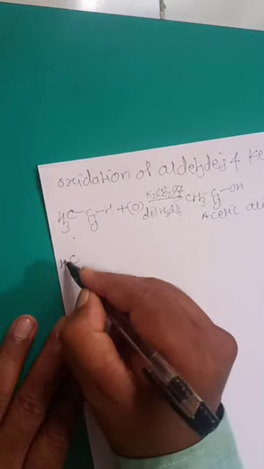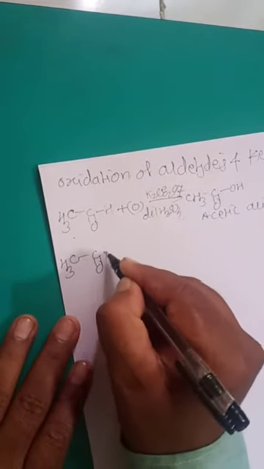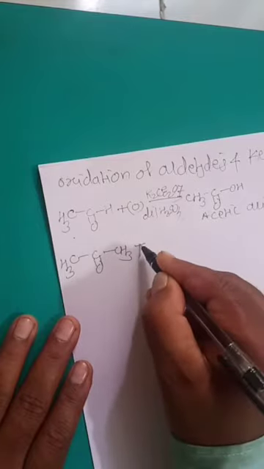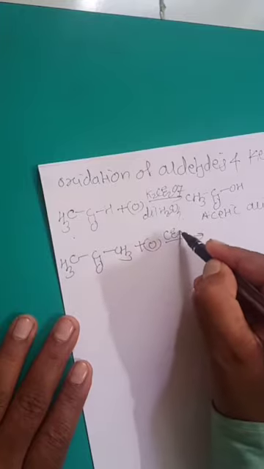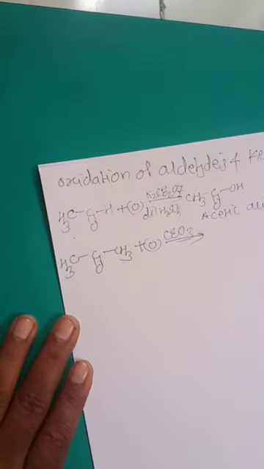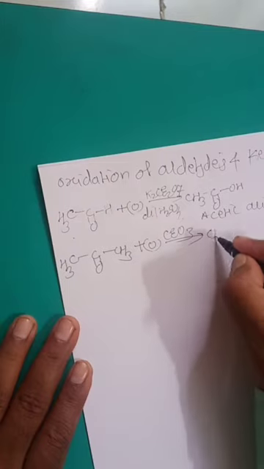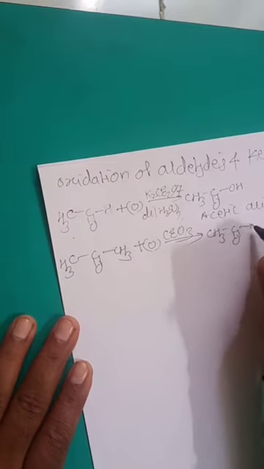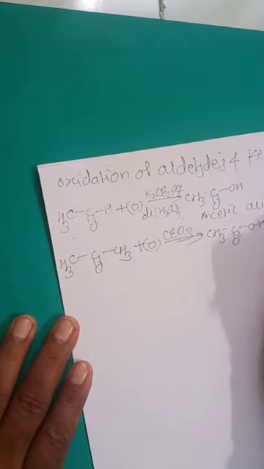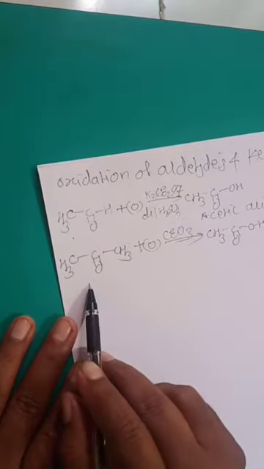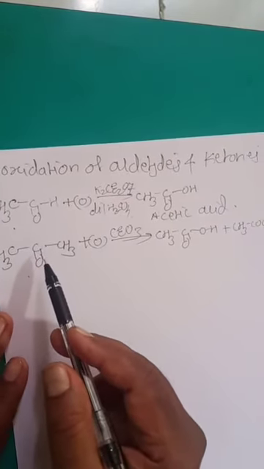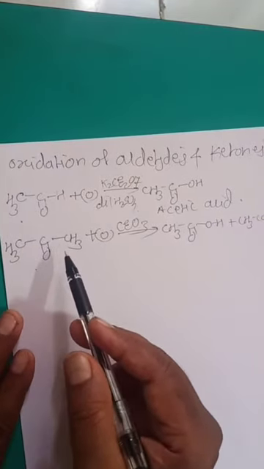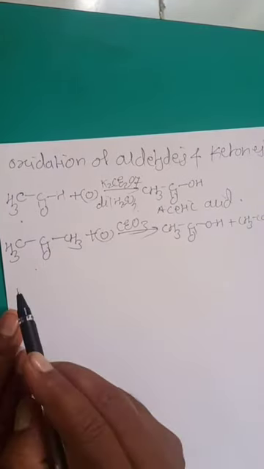If we consider ketones, they do not undergo oxidation easily. So when treated with CrO3, that is chromic acid, then it gives CH3COOH plus CH3COOH. Means ketone does not undergo oxidation with mild oxidizing agent. So it undergoes oxidation by strong oxidizing agent like CrO3.